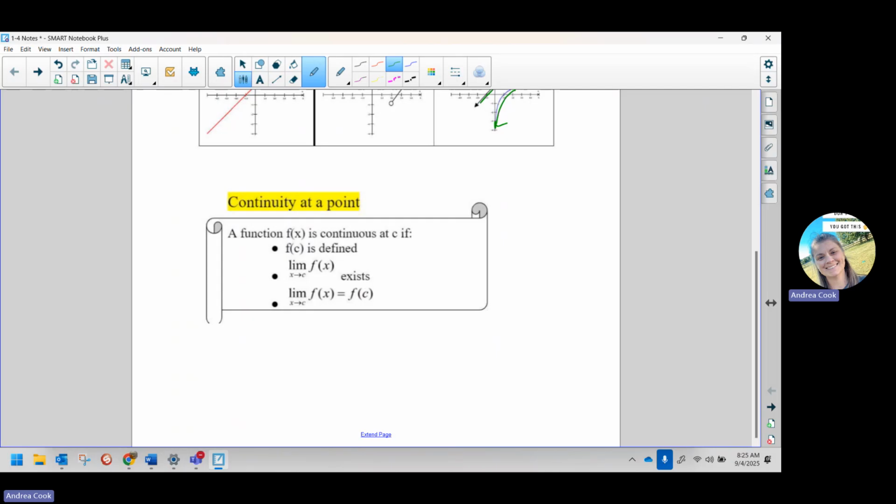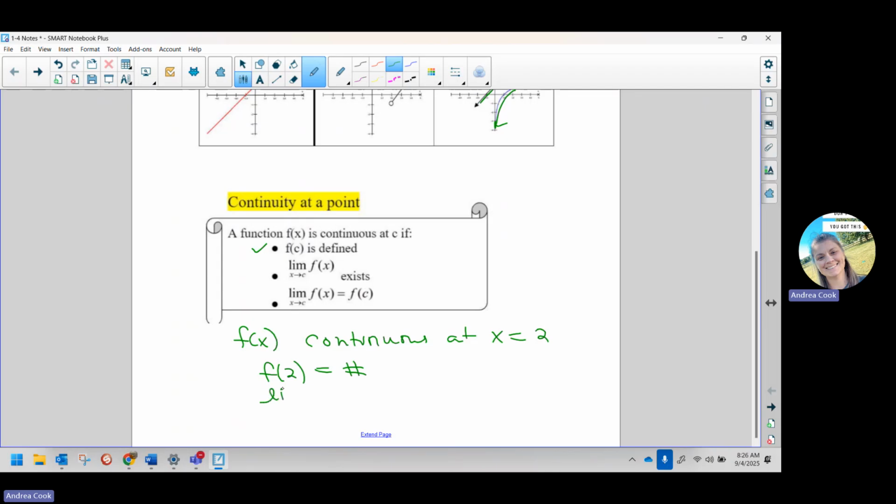So if I want to find whether f of x is continuous at x equals 2, I'm going to find f of 2. If I get a number, then you've checked off that one. It's defined. If there's a hole, if it's undefined, then you're done. It's not continuous. If it is defined, you go to the next.